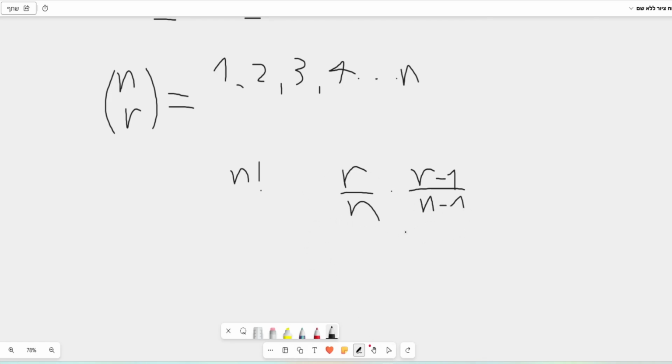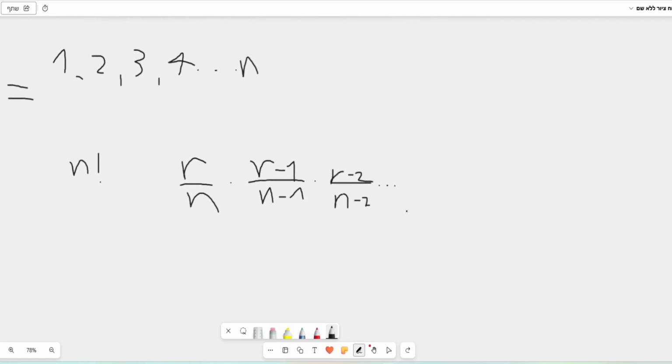Why? Because I have one less card that I want to take. Let's say I've taken one at first, now I have only r minus 1 cards which are acceptable, and I have one less card in the deck, so n minus 1. Times r minus 2 over n minus 2, and so on until we multiply by 1.